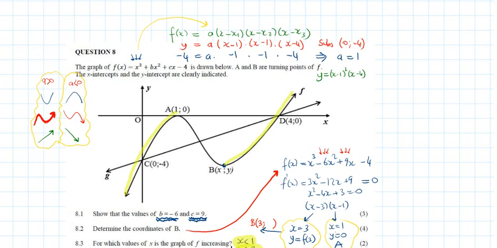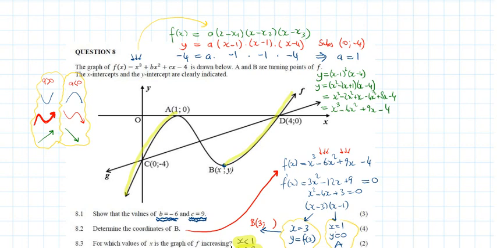So if you do that, it's x squared minus 2x plus 1, times (x minus 4). Yes, open the brackets. So it is x cubed minus 2x squared plus x, and times by minus 4: minus 4x squared, plus 8x minus 4. So if you simplify, there is x cubed minus 6x squared plus 9x minus 4.